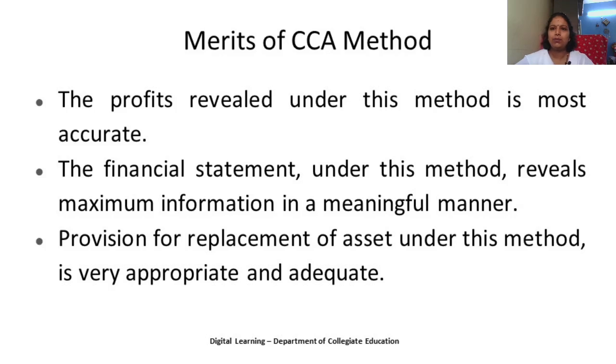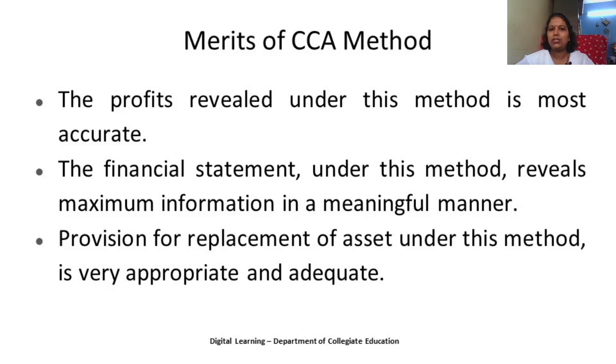Okay, some of the merits of this method. The profit revealed under this method is most accurate. So profit whatever you calculate using the CCA method is most accurate, meaning it shows correct figures. The financial statement under this method reveals the maximum information in a meaningful manner.